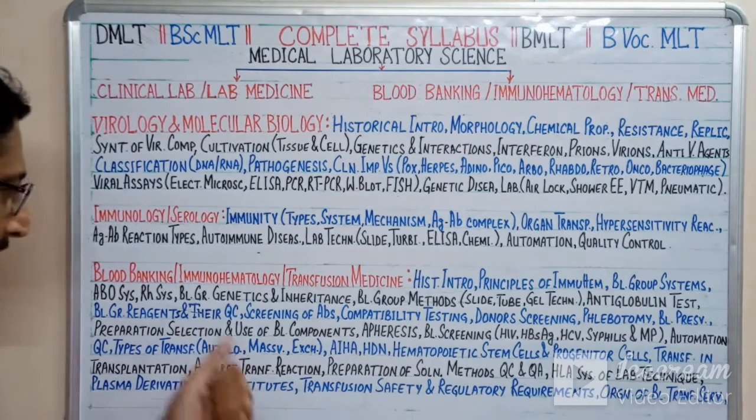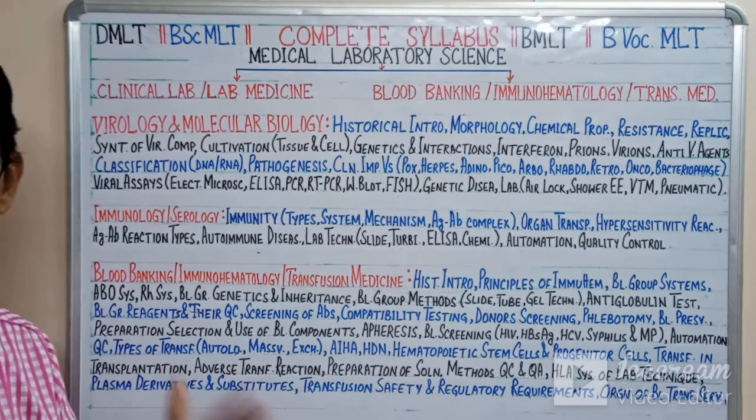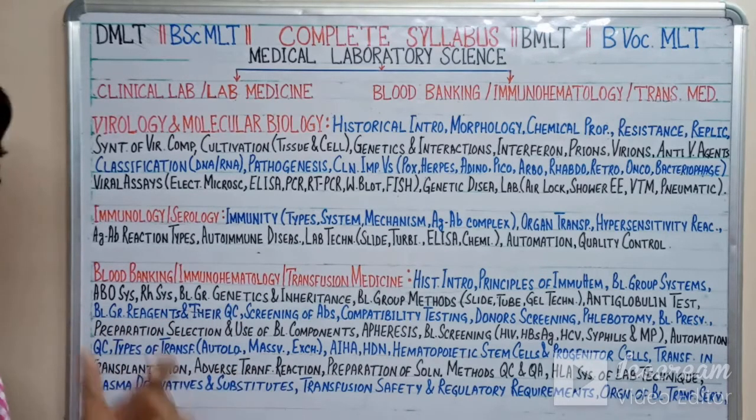That positive stands for my RH type being positive, that means I have the RH antigen. If I say my blood group is B negative, that means I do not have the RH type antigen.